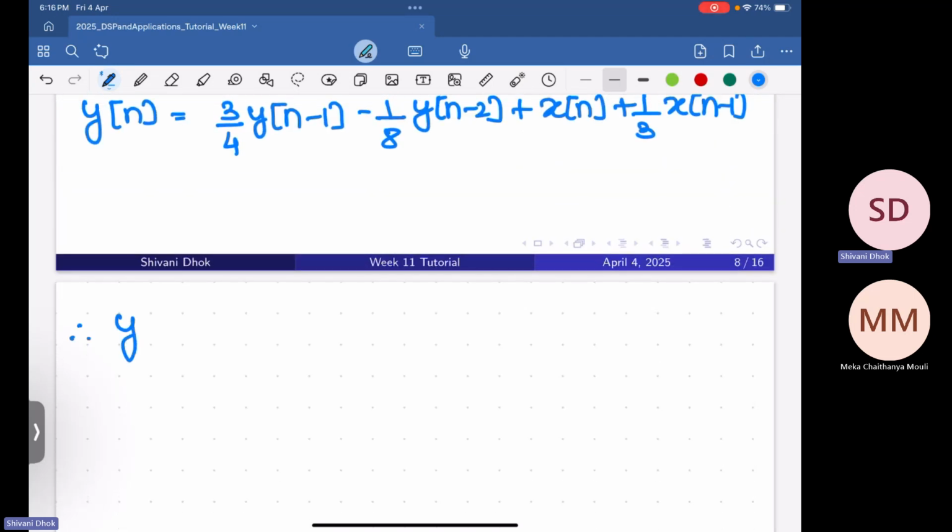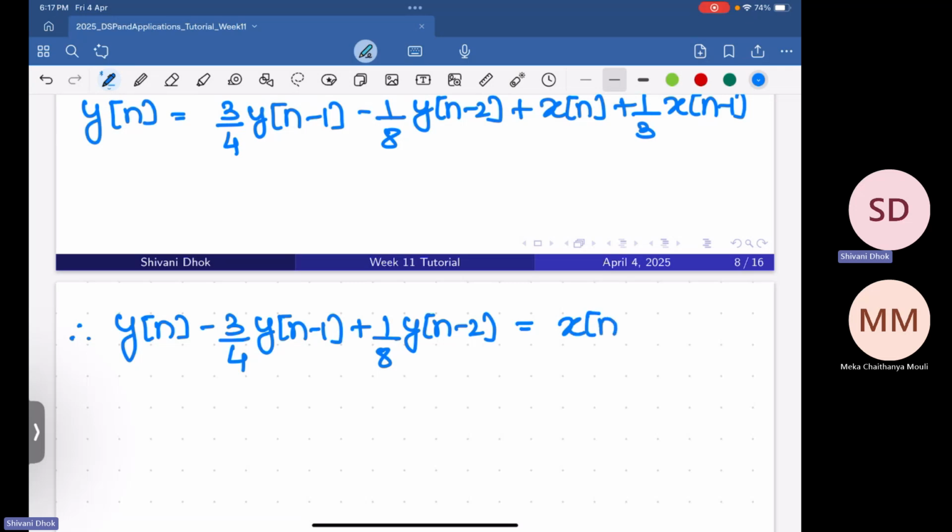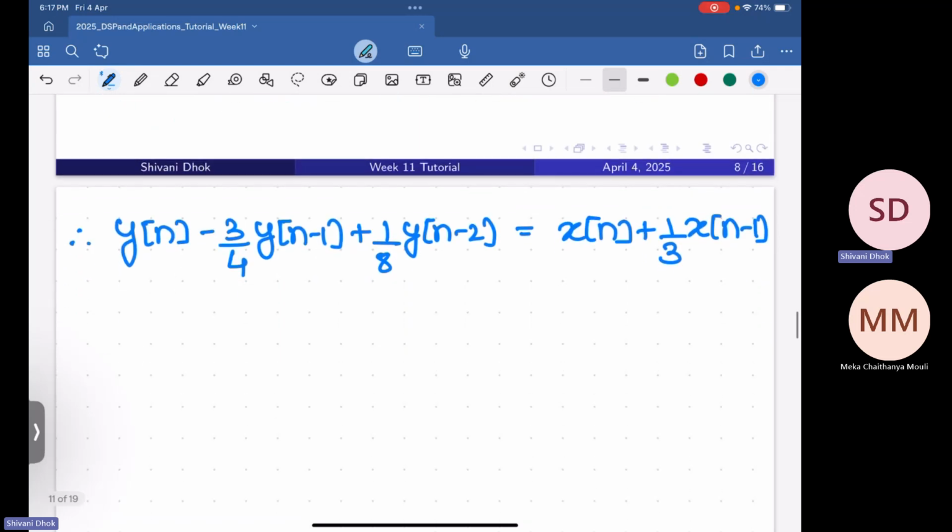Therefore we have y(n) minus 3/4 y(n-1) plus 1/8 y(n-2) equal to x(n) plus 1/3 x(n-1).